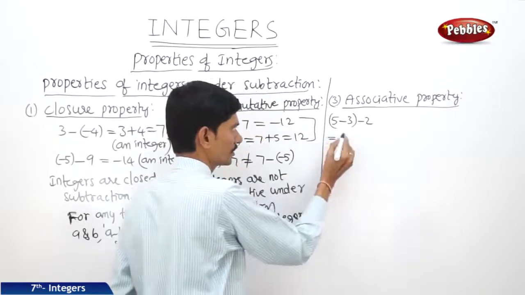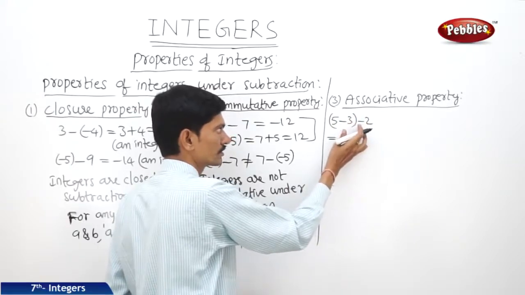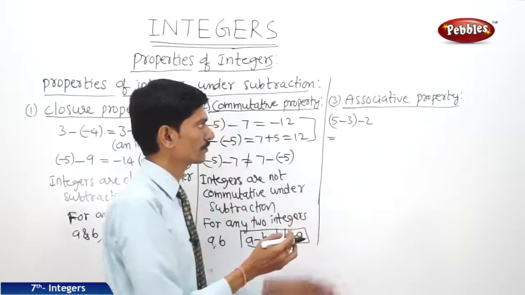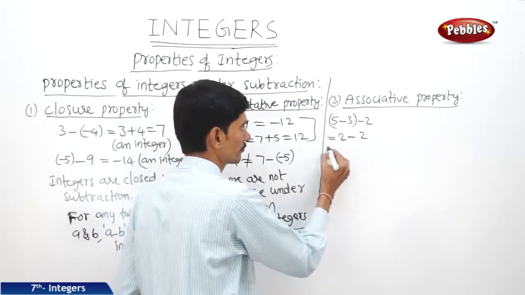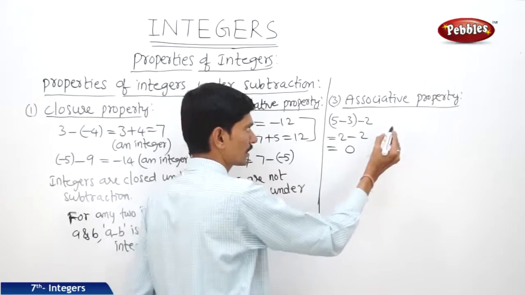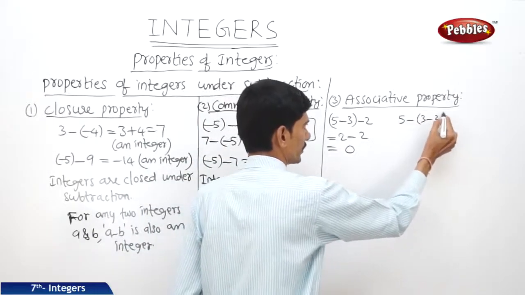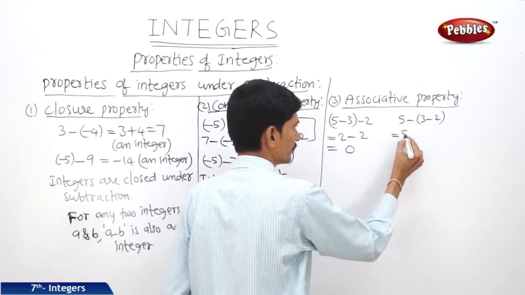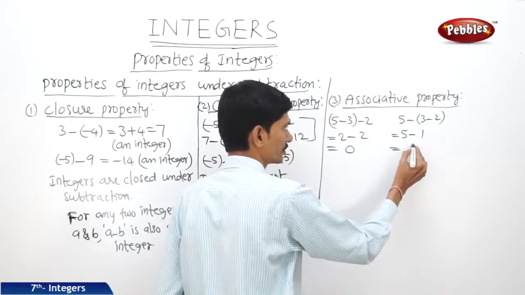So first let us find the difference of 5 and 3, and then we will subtract 2 from their difference. So 5 minus 3 is 2, minus 2 equals 0. And in the second case we will take 5 minus of 3 minus 2. So 3 minus 2 is 1 and 5 minus 1 is 4.